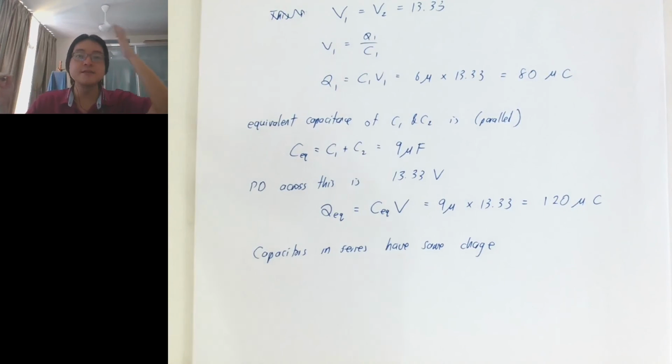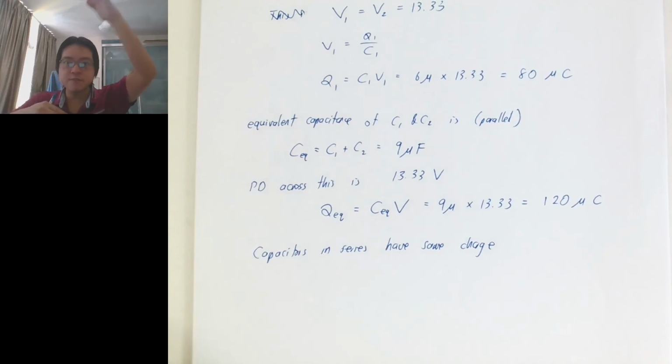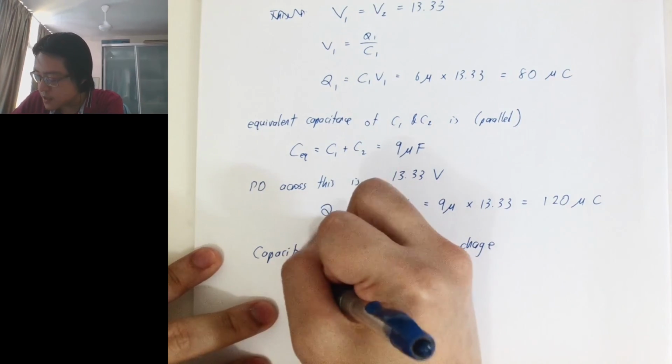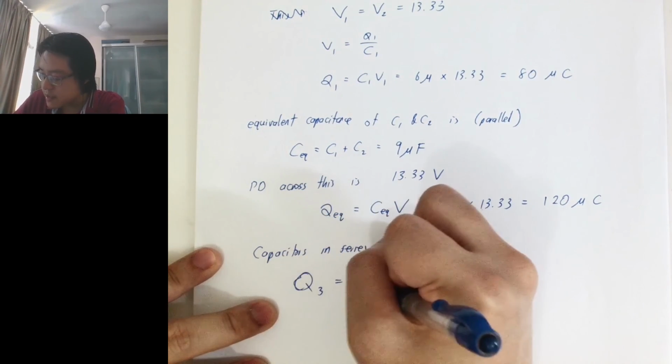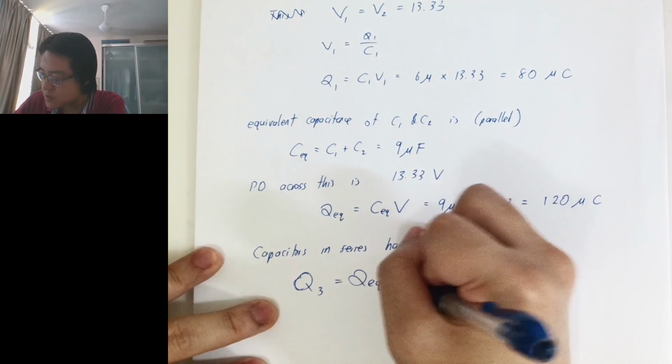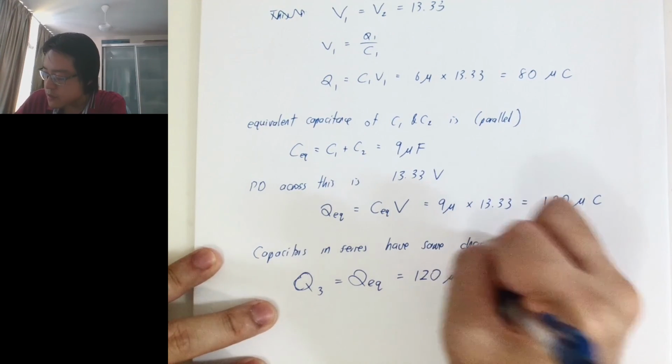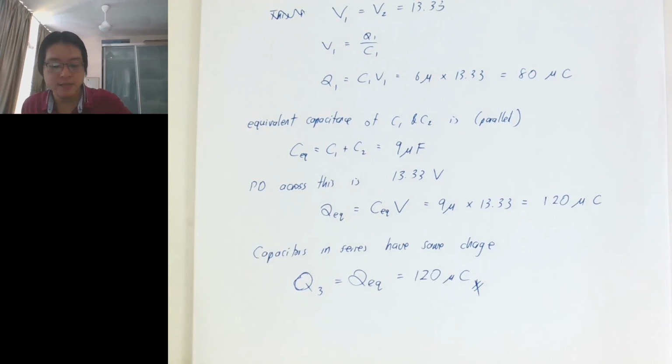The reason is because the charge induces a charge on the next plate, and then induces the other plate, and then the next plate. So everyone in series has the same Q. So the charge on C3 is the equivalent charge that we found here. So it's going to be 120 microcoulomb. So that will give us the answer. Pretty straightforward.